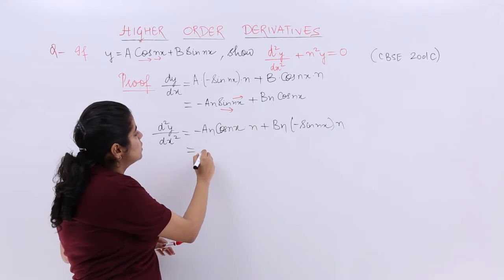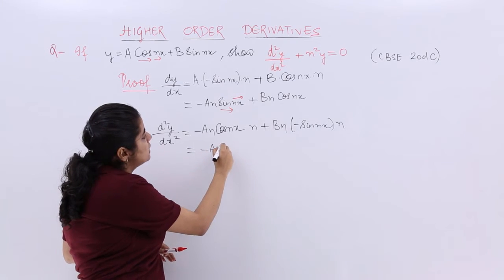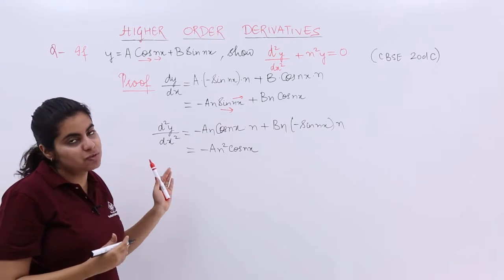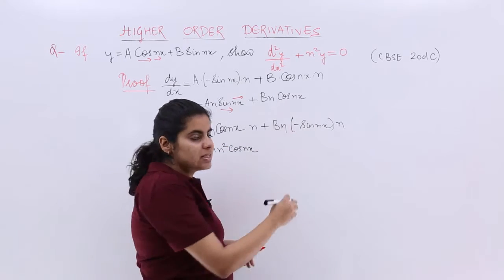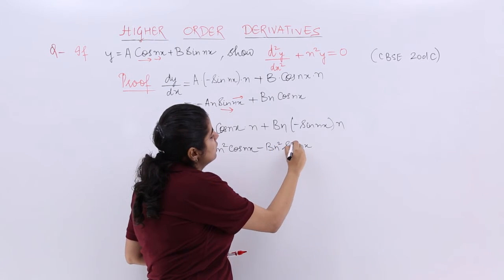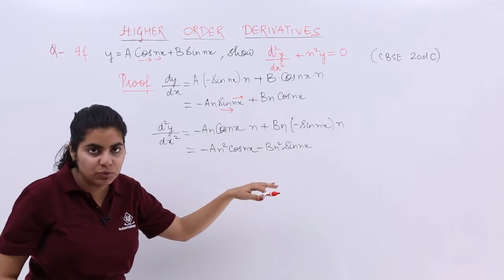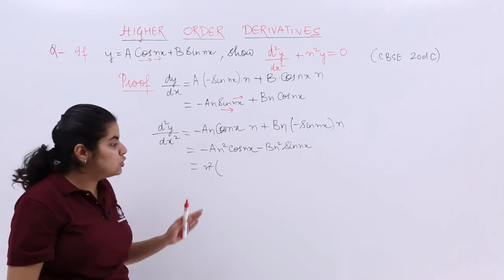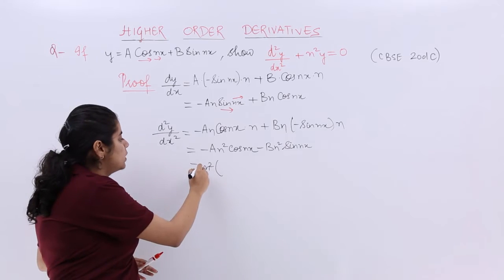Now let's simplify it again. Minus an square cos nx, because n and n product gives me n square, minus bn square sin nx. You find n square in both the terms. Let's take out n square common, and you can even take out minus sign common if you wish to.